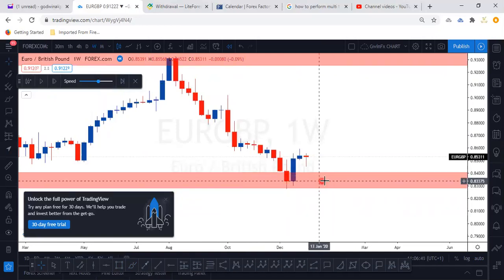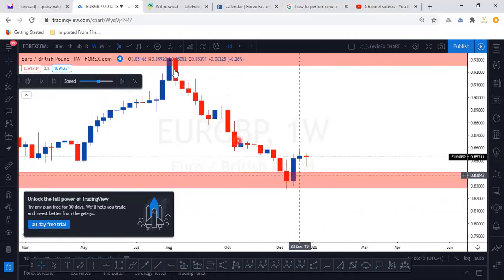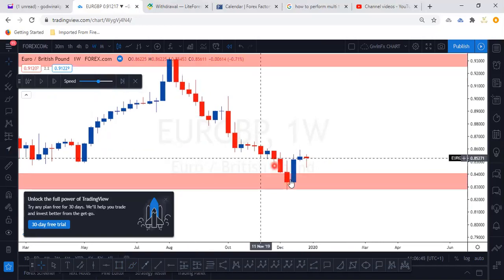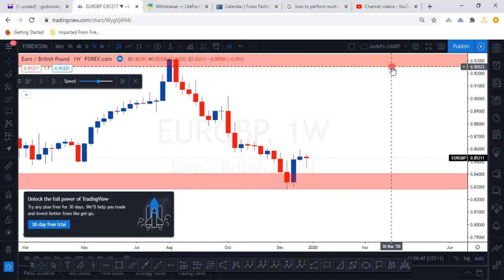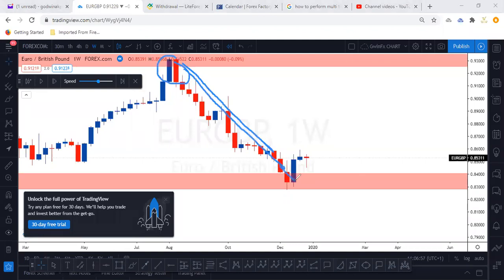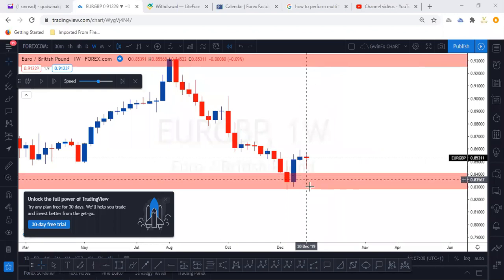The very first thing: the trend, expansion, reversal. That's how the market simply moves: accumulation, markdown, distribution, markup.